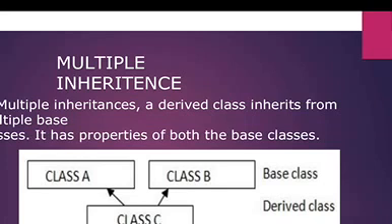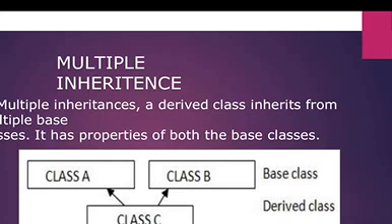This is multiple inheritance. A derived class inherits from multiple base classes. It has properties of both the base classes. Here we can notice one thing.